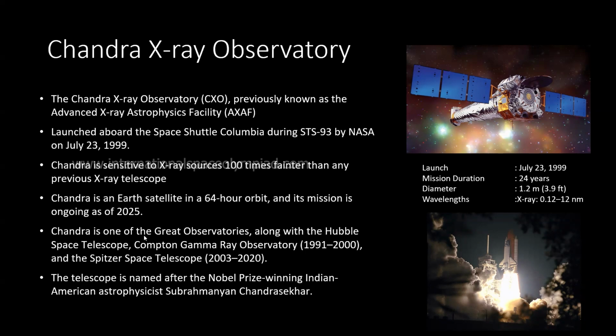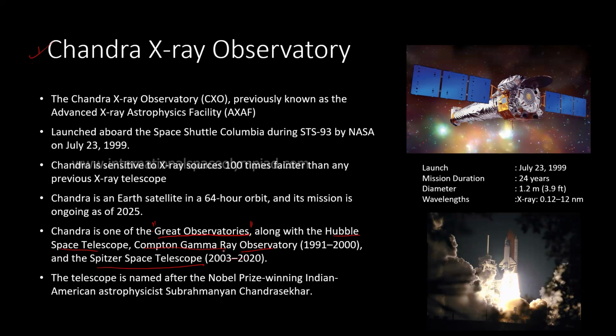One more important thing regarding this: certain telescopes are together called the Great Observatories by NASA. Those Great Observatories are the Chandra X-ray Telescope, the Hubble Space Telescope, the Compton Gamma Ray Observatory, and the Spitzer Telescope.